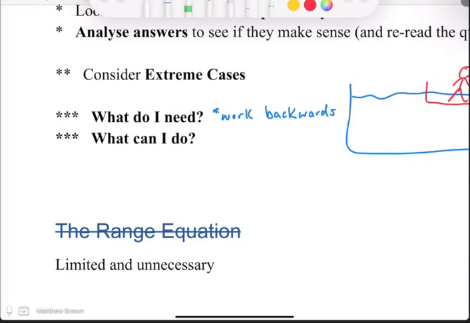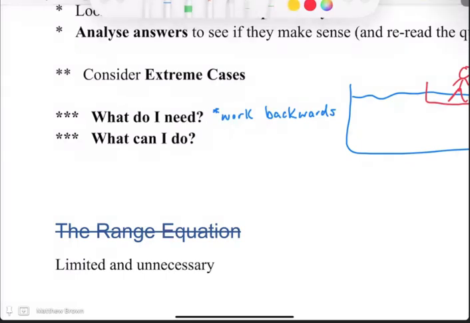Well, I need the acceleration. How do I get that? Well, I need the force. How do I get that? Well, that's Newton's third law, and whatever force the first astronaut exerts on the second, the second exerts on the first, right? And so you just keep working your way backwards. That sometimes can be helpful.